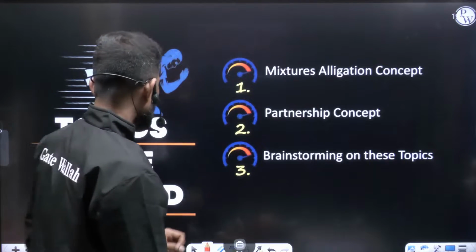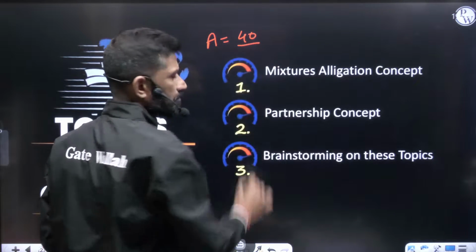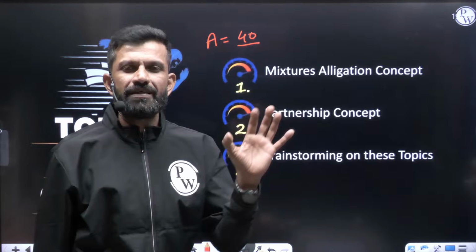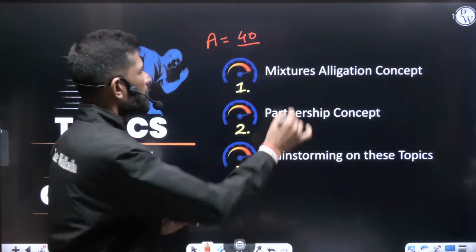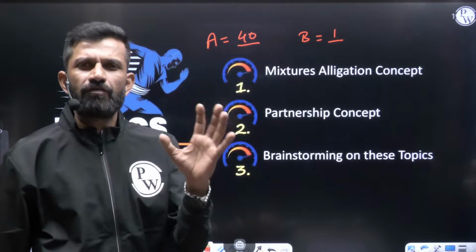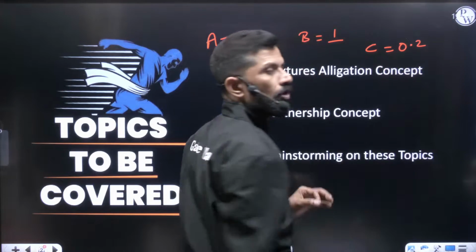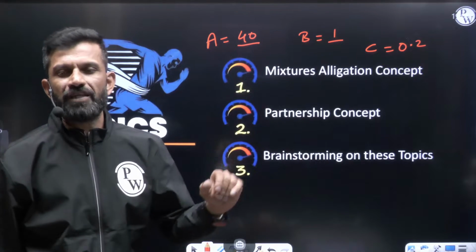The product A costs 40 rupees each. The product B costs 1 rupee each. And the product C is 20 paise each, or else you can say 0.2 of a rupee.